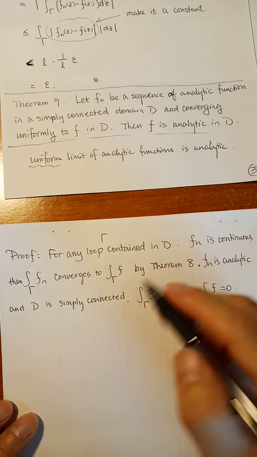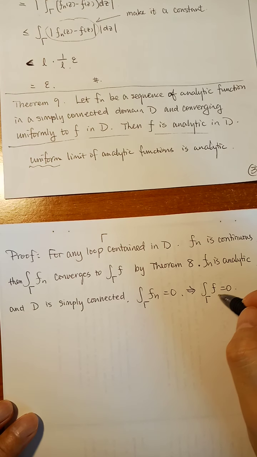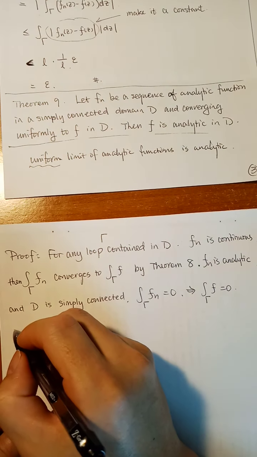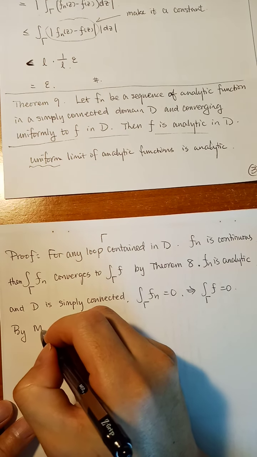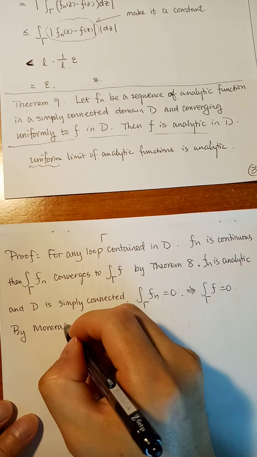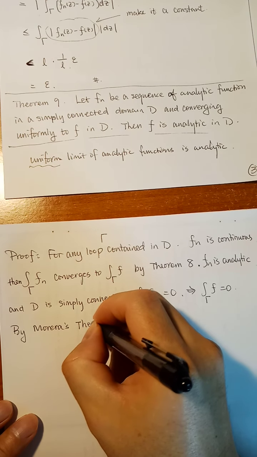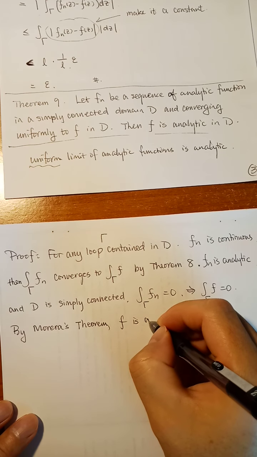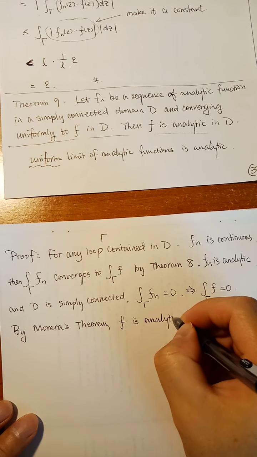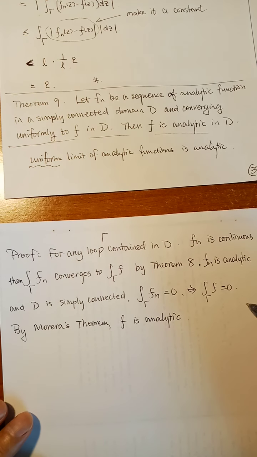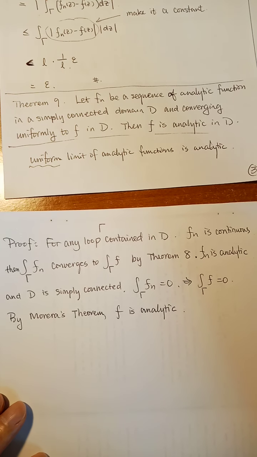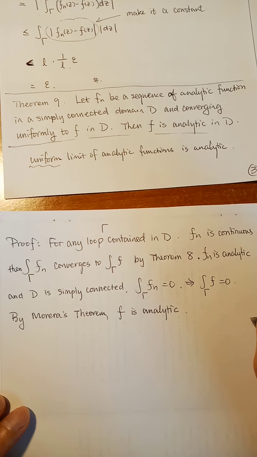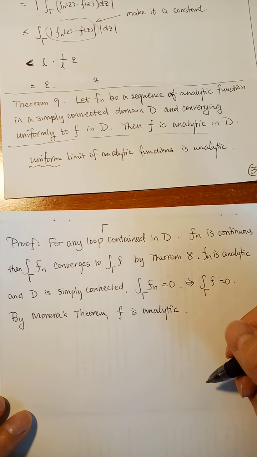So if for every loop the integral of f along gamma is always 0, by the Morera theorem, f is analytic. Okay, so we do not directly compute the derivative. We apply the Morera theorem by the integration.